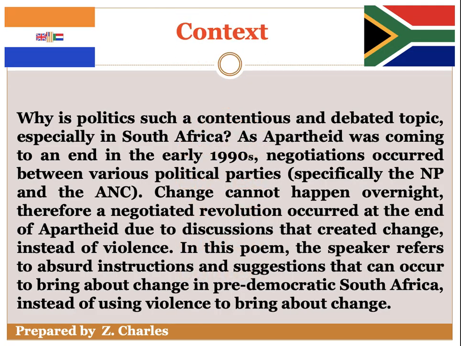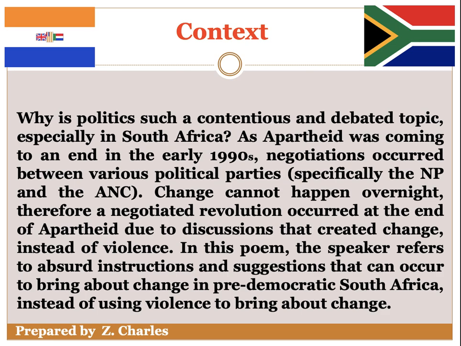So, okay, let's look at some context, background information in regard to this poem. Why is politics such a contentious and debated topic, especially in South Africa? As apartheid was coming to an end in the early 1990s, negotiations occurred between various political parties, specifically the NP and the ANC.